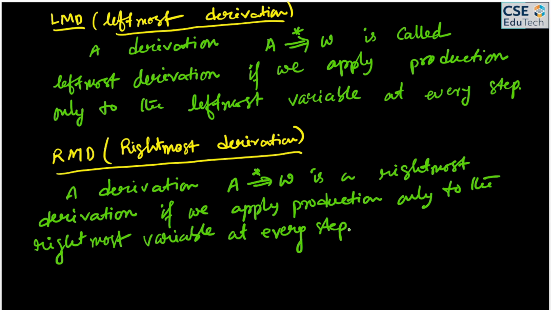Here it is the leftmost variable, and here it is the rightmost variable at every step. So we have defined what is leftmost derivation and rightmost derivation.